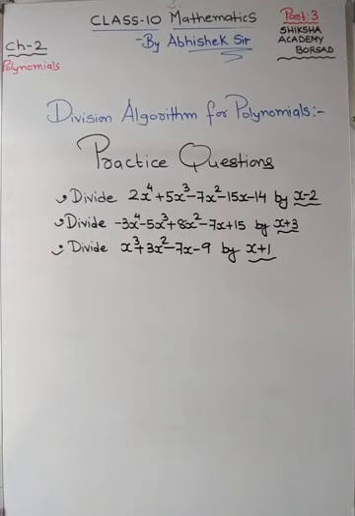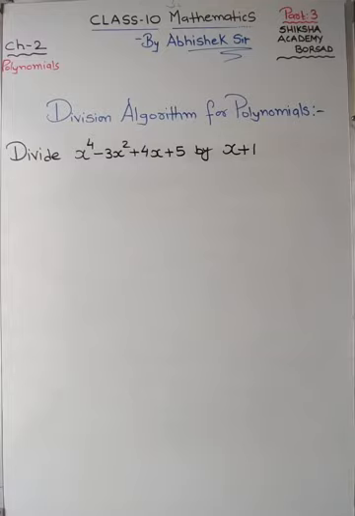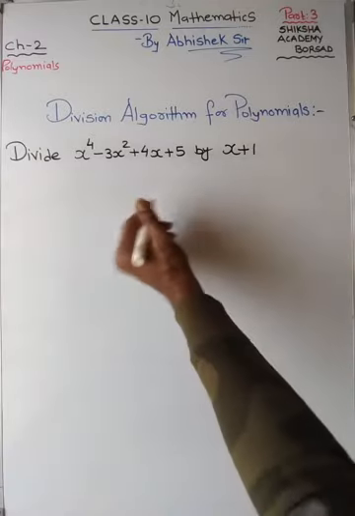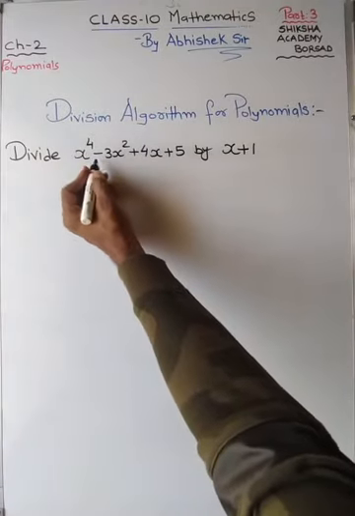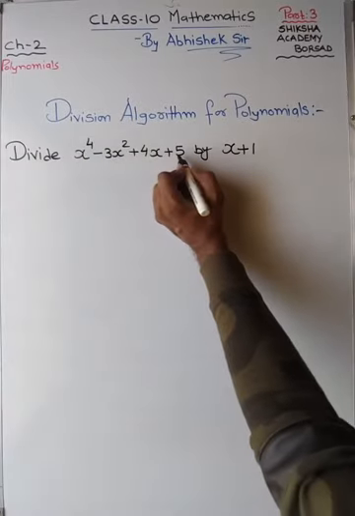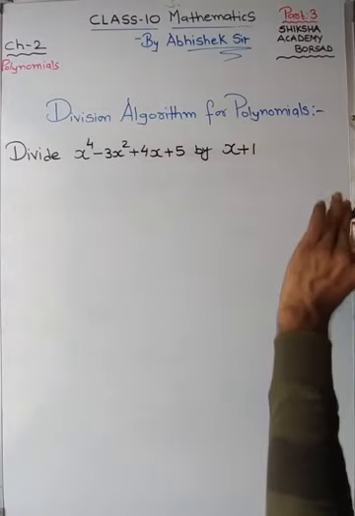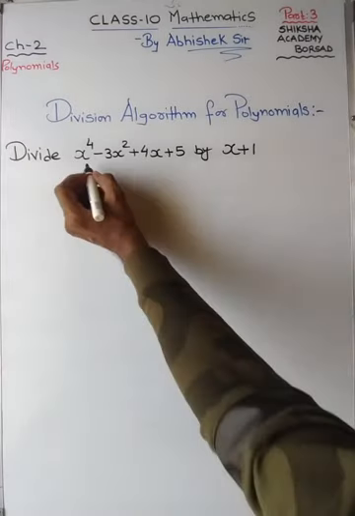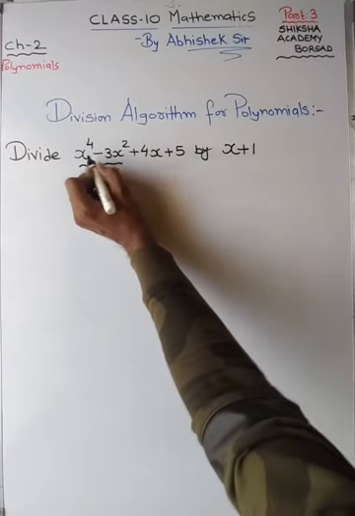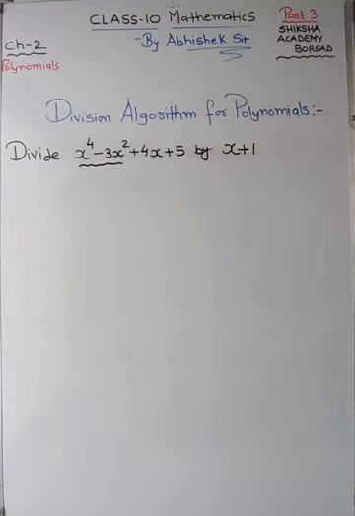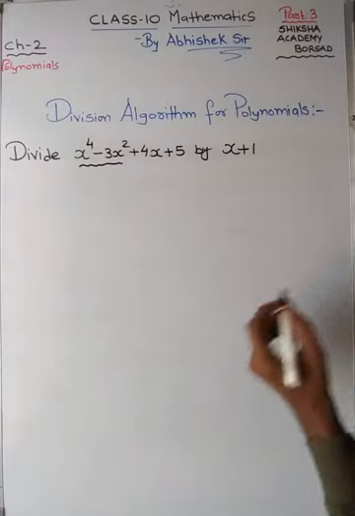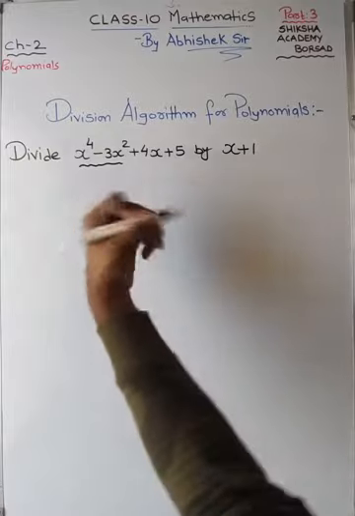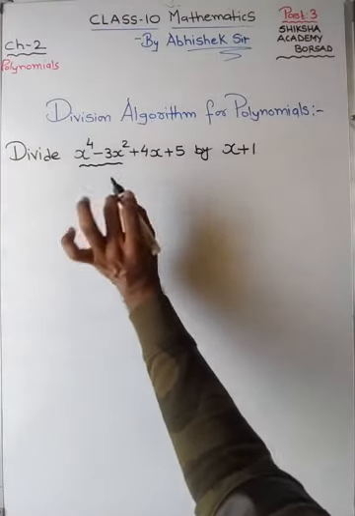Now one extra sum I am doing. What is special about this question? x raised to 4 minus 3x square plus 4x plus 5 divided by x plus 1 seems very simple, but you can see we don't have any term containing x raised to 3 over here, right? So in this case we will add a cubical term but with the coefficient 0.